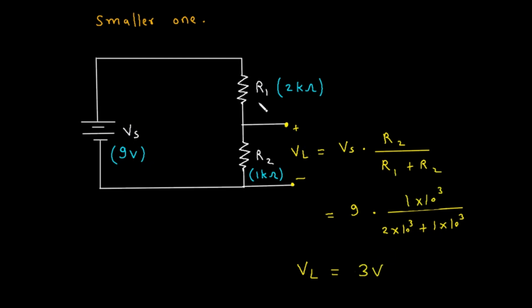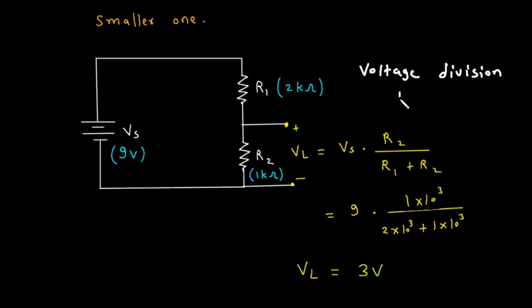So what will we do? We will connect two resistors in series. Now the values of these resistances will be 2 kilo ohm and 1 kilo ohm. So from here we will get 6 volt across R1, and the voltage across this R2 will be 3 volt. To calculate the voltage across this R2 resistance, we use the voltage division rule.